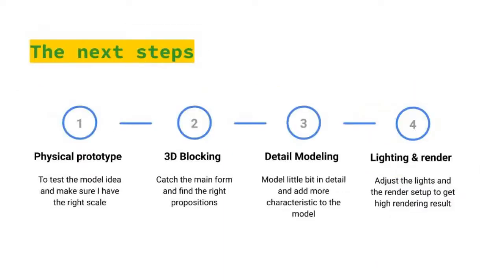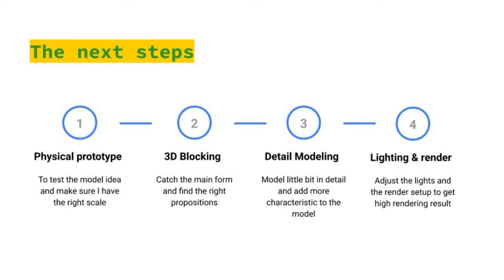The next step is a physical prototype to make sure that I get the right proportion and that it works physically, because the final result should be physical as well, as a kid's toy. The second step is 3D blocking in 3ds Max or any 3D software to catch the same proportion I got from the physical prototype. Then the third step is the detailed model.